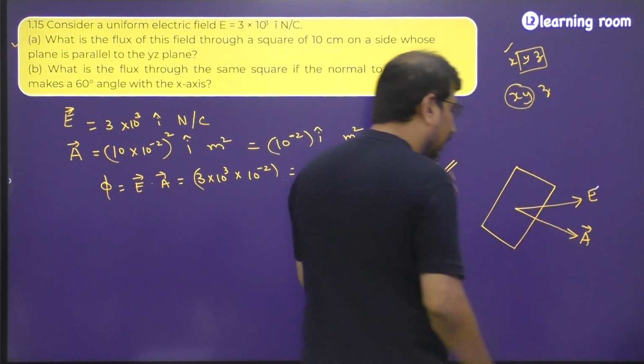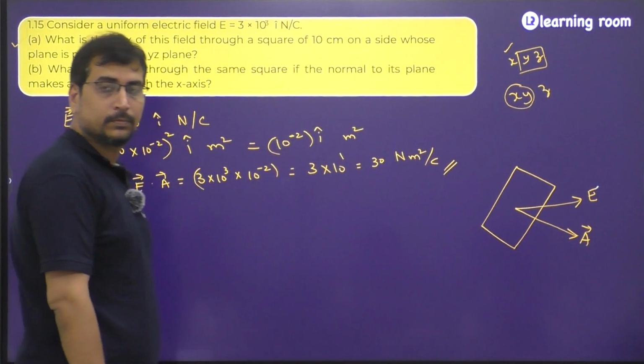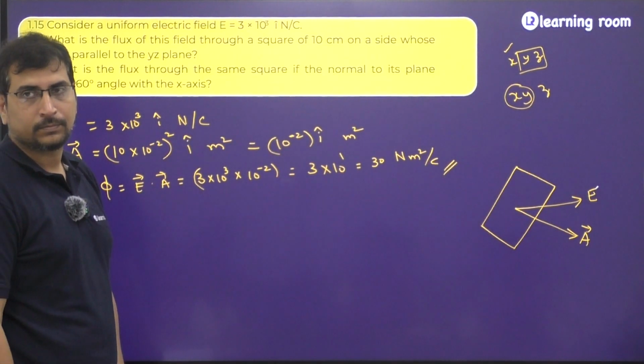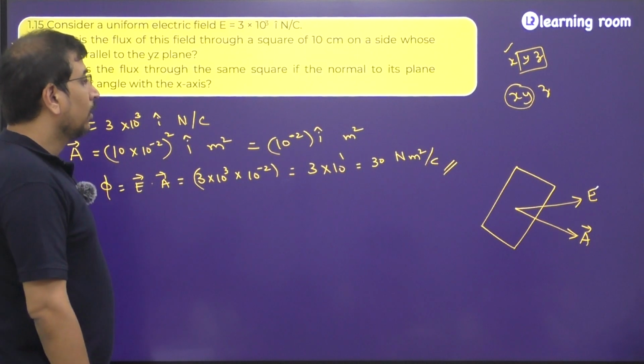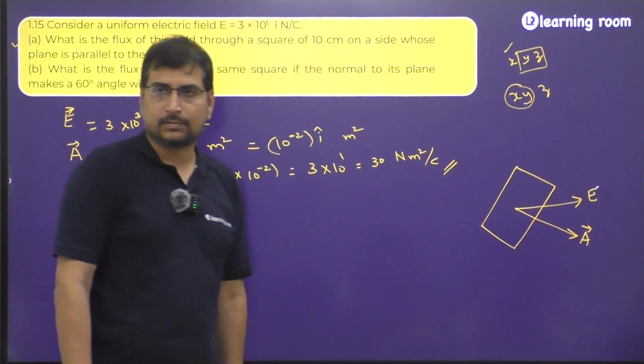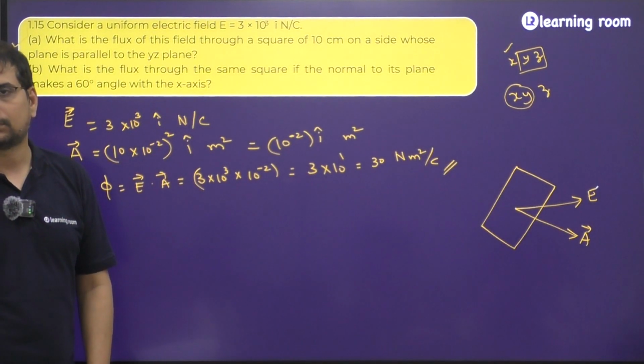This is going to be the electric field. Now what is the angle between both? 60 only, no? Why do you need to take 30? Had they told the plane is making an angle 60, then you should take 90 minus 60.